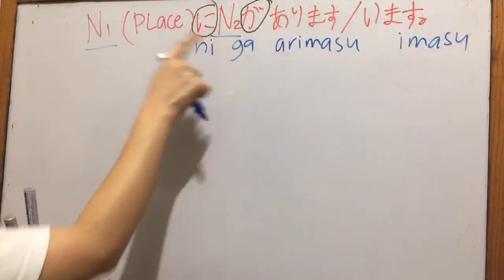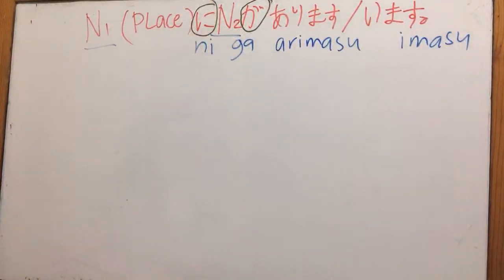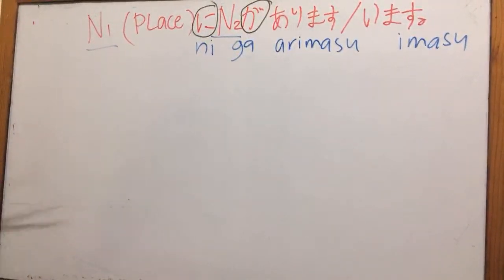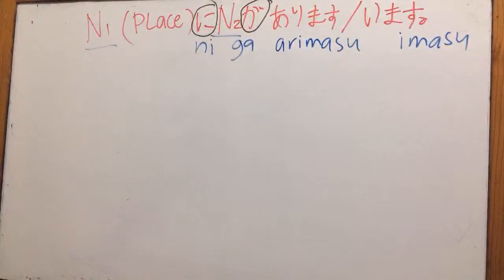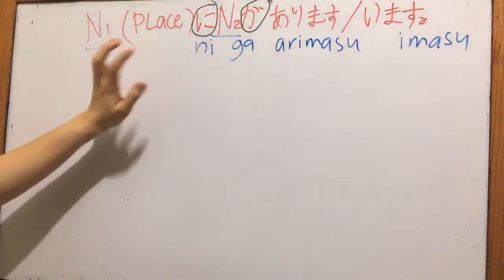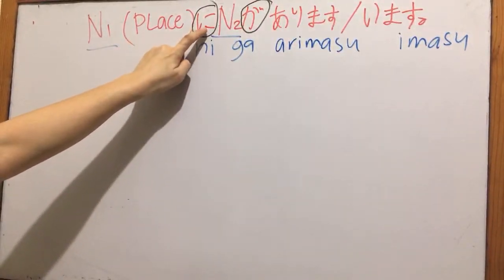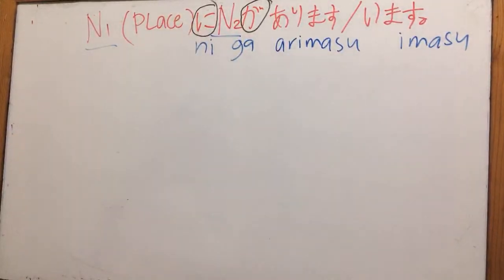First noun, second noun. Two nouns so that you can have a much longer sentence. So, for place, we will mark it with ni. That is for the place.